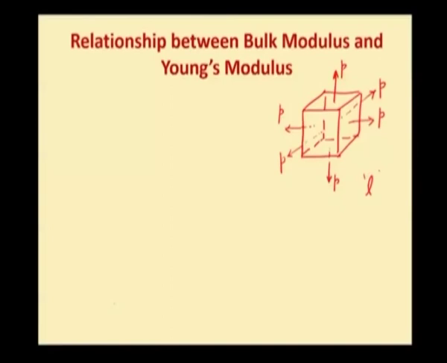Let the side dimension of the cube be L. Now, we shall name the corners of the cube: this corner be A, and this will be B, C, D. The other four corners will be E, F, G and this corner will be H.